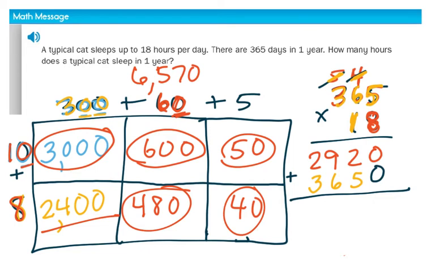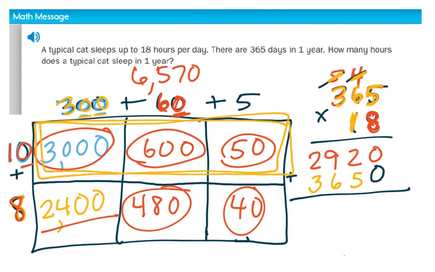Do you notice anything here? Look at this 3,650. Look at where we got the 3,650 from before. If I would add together these numbers, 2,400, 480 plus 40, that would give me my 2,920.